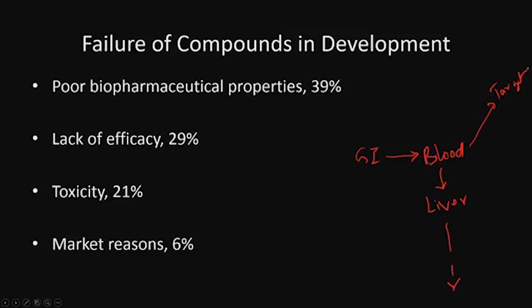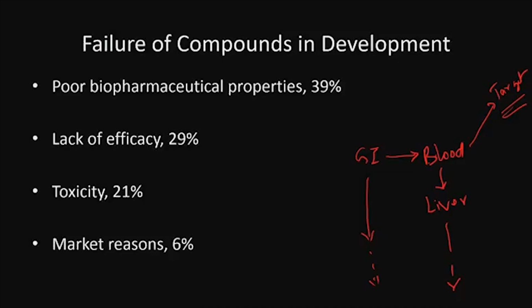If it does not get absorbed properly from the GI, again it gets wasted, into the feces. If the liver degrades it, it comes out through the urine, again it is waste. So finally it reaches the target. The concentration of the drug at the target is much less than the concentration of the drug taken orally, so it might not be sufficient to perform its duty.